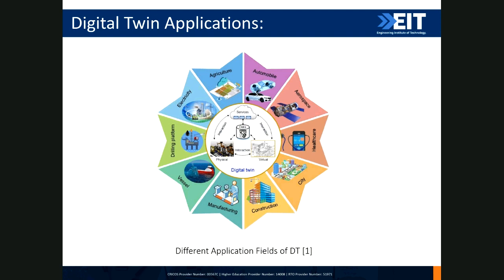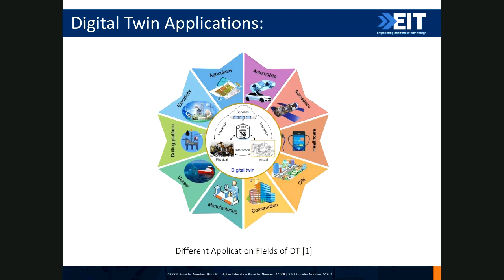Next is digital twin applications, quite a few applications. I'm just trying to summarize a few. So through the integration with mobile internet, cloud computing, big data analytics, and other technologies, DT is potentially applicable in any field where it involves mapping, fusion, and co-evolution between physical and virtual spaces.